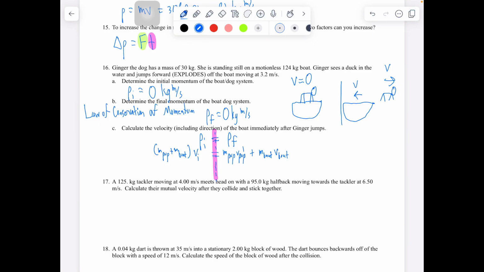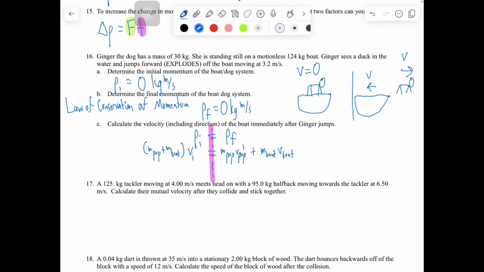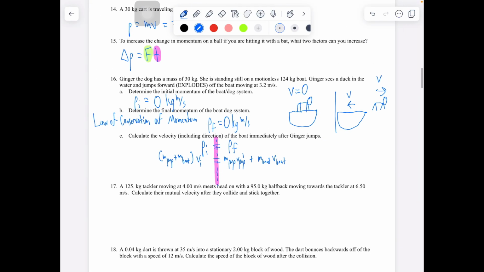P initial equals P final. Initial total momentum equals final total momentum. Without all our subscripts, what does this really originate from? It originates from m1v1 plus m2v2 equals m1v1 prime plus m2v2 prime. And this is just using the law of conservation of momentum.